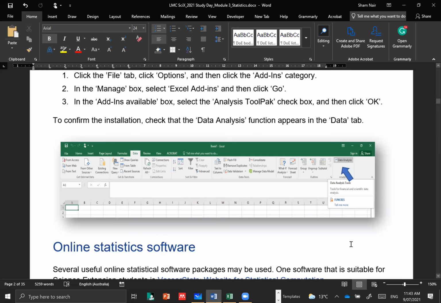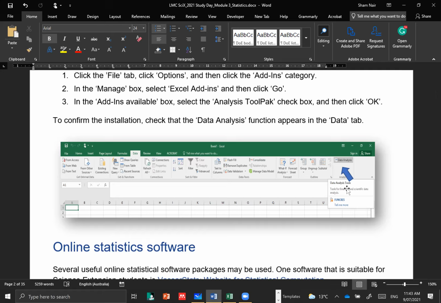So once it's properly installed and configured, under the data tab of Excel, you will see this data analysis thing come up. And that's the descriptive stats that we will be using. And in Excel, you also have a whole bunch of other statistical tools, and they can be used for things like F-test and T-test and chi-square test and so on.